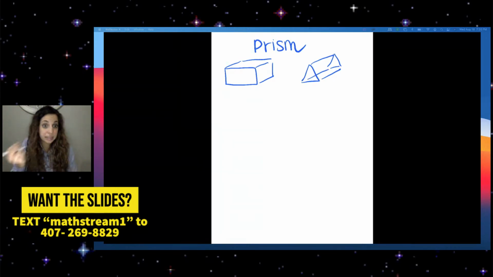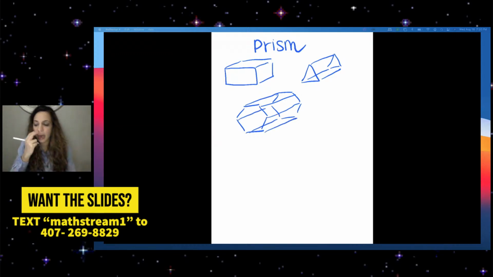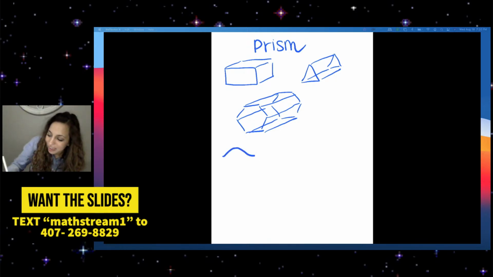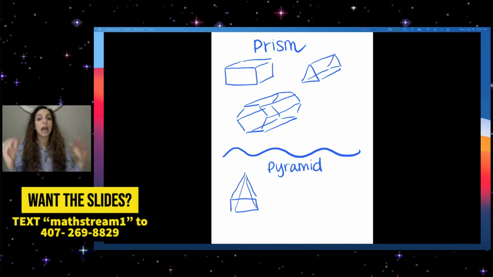It could be a hexagonal prism. I could have a hexagon, absolutely. And what you notice that's the same about all of these shapes is we have 2 equal bases and then we have rectangles surrounding it. A pyramid is going to have 1 base and then triangles extending up.